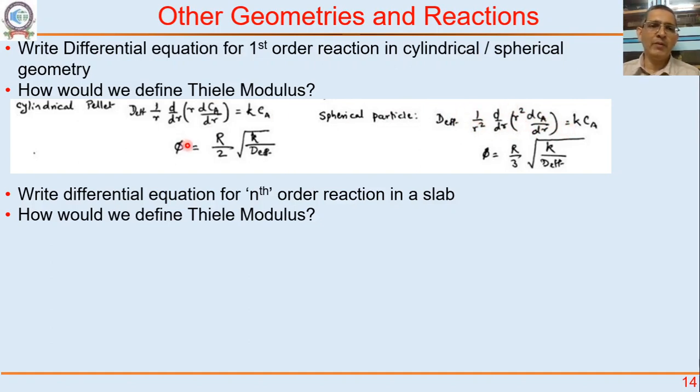So Thiele modulus we could define as R by 2 times square root of k divided by effective diffusivity, and for the sphere we would define it as R by 3 times square root of k by effective diffusivity. Then if we define Thiele modulus using these definitions, we can treat it like a Cartesian coordinate system. We can calculate the effectiveness factor from the same expression.